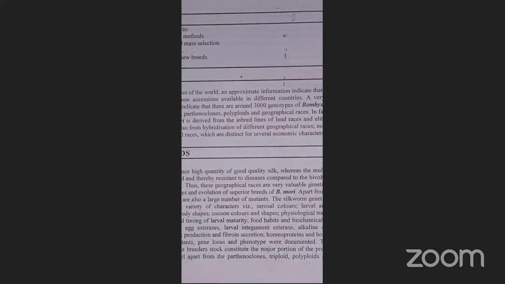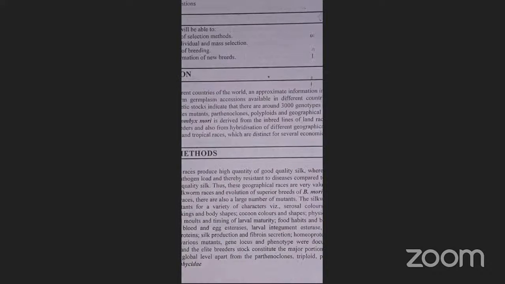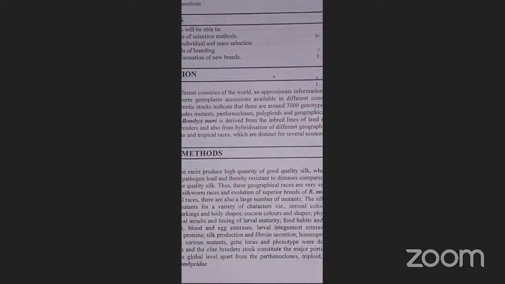Thus the geographical race mutants and the elite breeds stock contain the major proteins of the parent of the silk germplasm at the global level, apart from the pathogenesis, triploid, polyploid, and wild relatives of Bombyx mori and Bombycidae. So the germplasms at the global level are triploid, diploid, and polyploid.